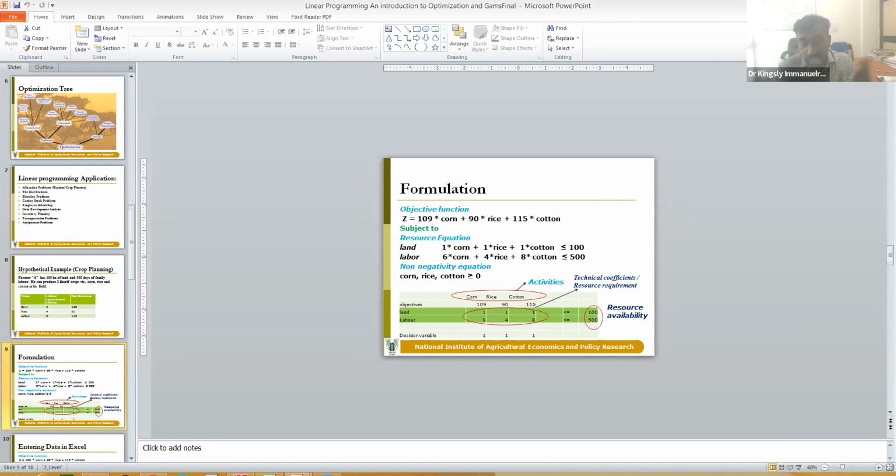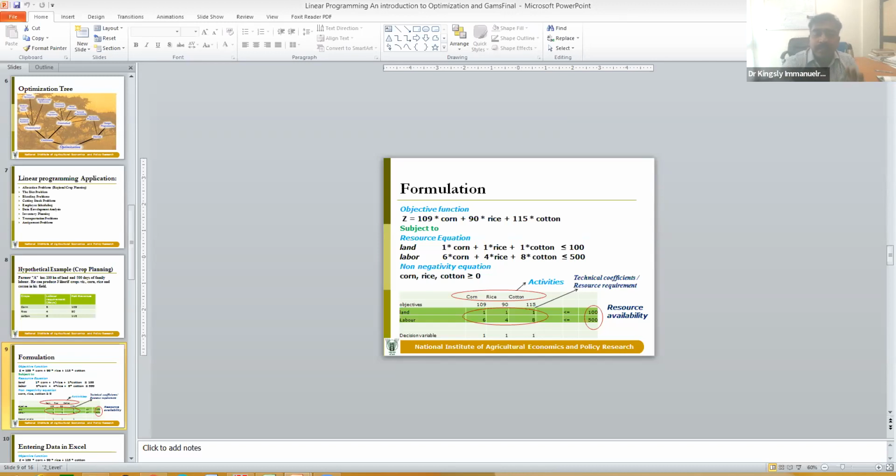I don't know the area under corn, rice, or cotton. I have only written the general equation: 109 is the net revenue of corn times area under the corn, plus 90 is the net revenue of rice times area under the rice, plus 115 is the net revenue of cotton times area under the cotton.